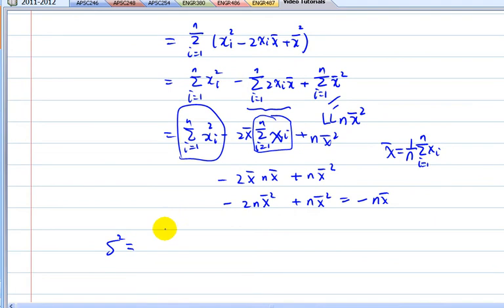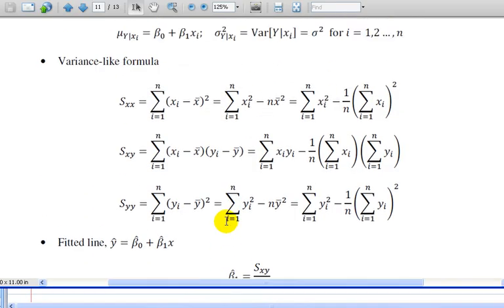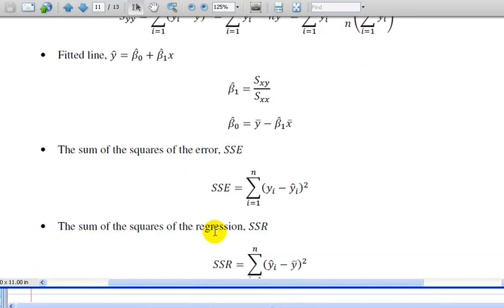S squared equals SSE over n minus 2. SSE is the quantity we call the sum of squares of errors. So this is SSE here.